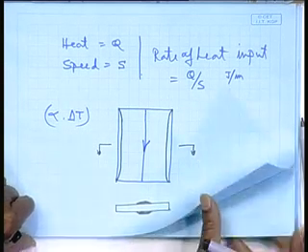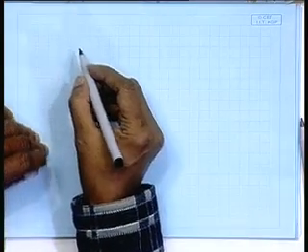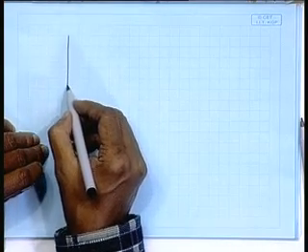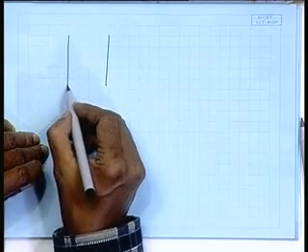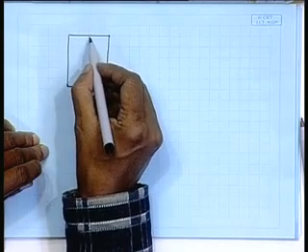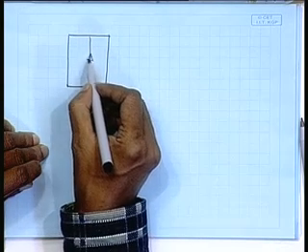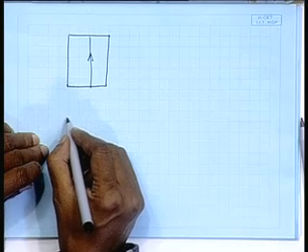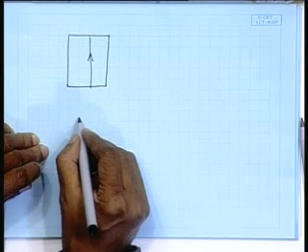What is the other possibility we may observe? That is, if we heat the plate along, say, a central line, I am now drawing with a single line, right.